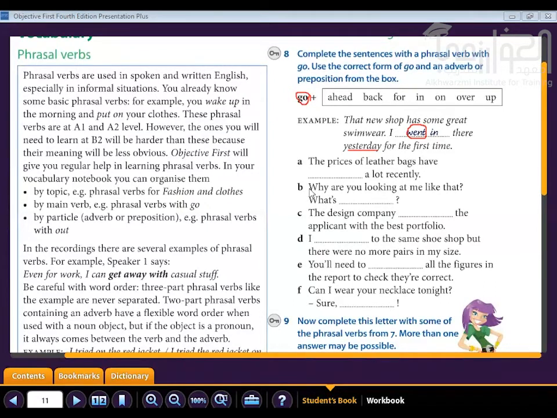So the correct answer will be has gone up, have gone up. It should be gone up. Now pause the recording while you complete the rest of the exercise. When you finish, then you look at the answers.